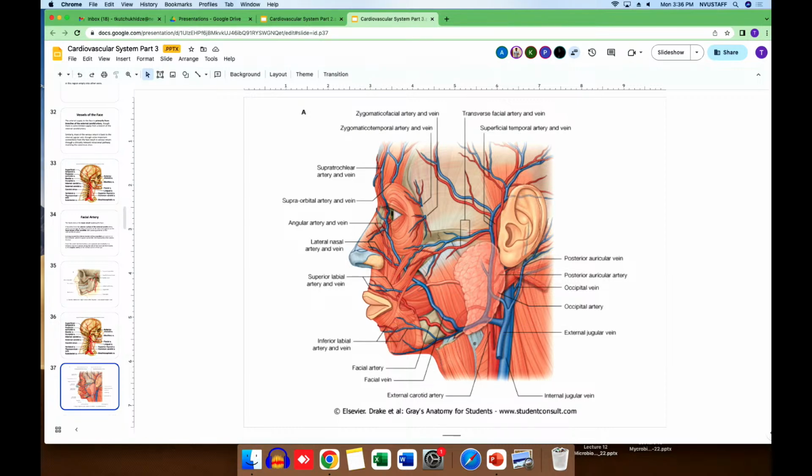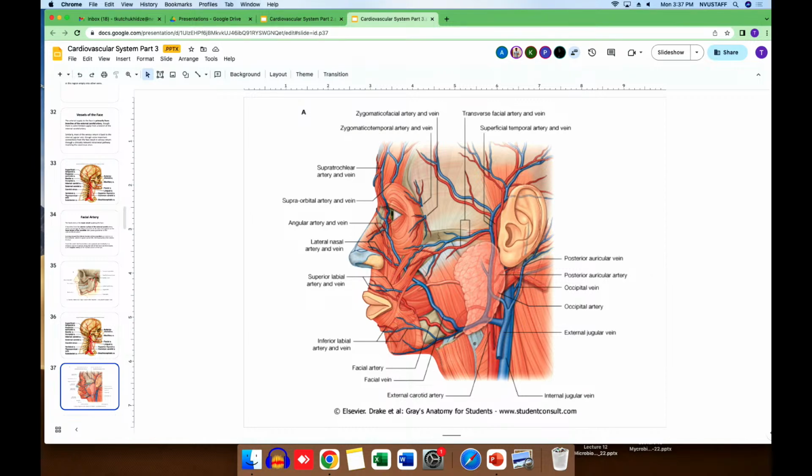Another artery contributing to the face is our transverse facial artery. It is another one contributing to the face supply. And it is not a branch of our external carotid artery directly, vice versa. It is a branch of our superficial temporal artery. And exactly it is giving off this one.